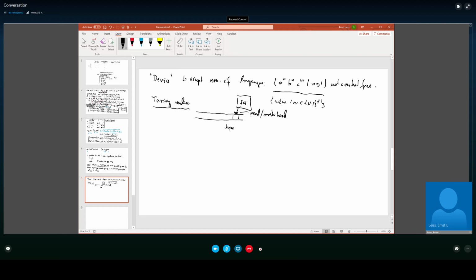And this tape consists of cells, and the read-write head basically can read what is in a cell, change the content of that cell, and then move either to the left or to the right of the cell that it has looked at. So this is one move.